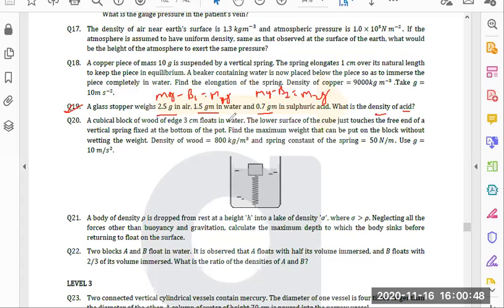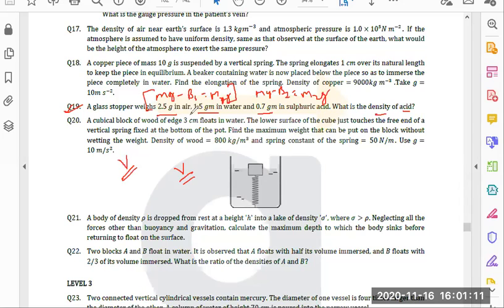So why two equations? Tell me, why two equations? Because you have two variables, no? Volume is also not given, and density of acid you have to calculate, right? Because we already know the density of water. So from this equation, you can find the volume.